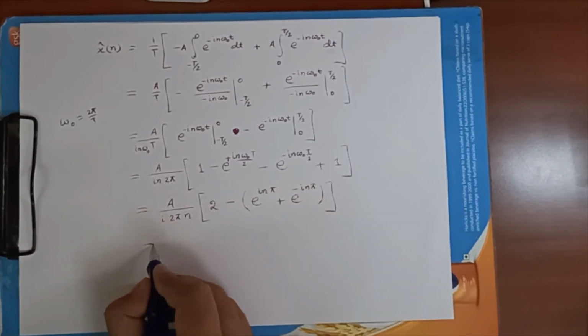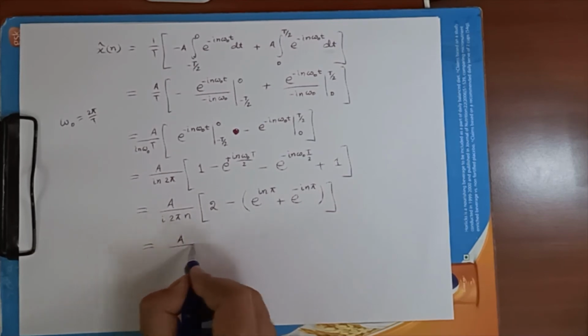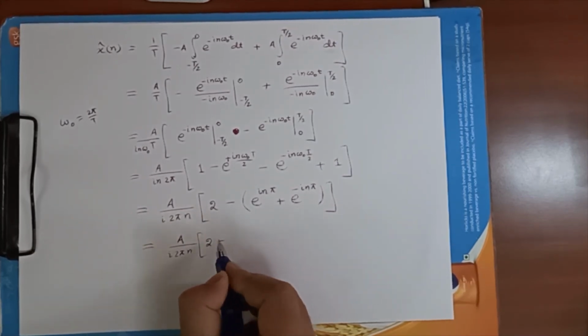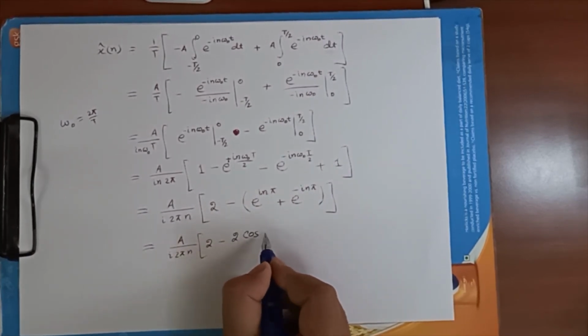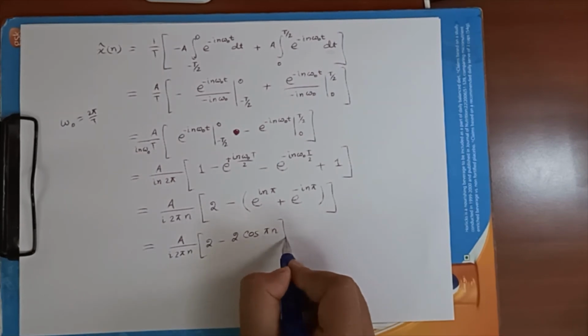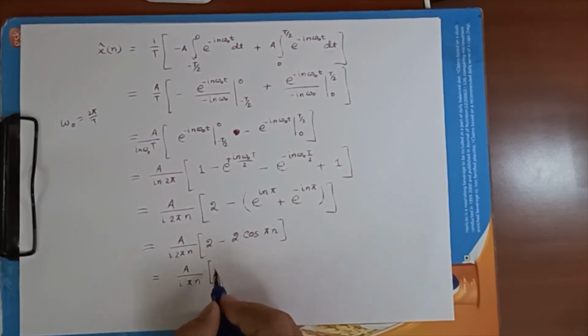See? So finally these two, and what is this? Let us write another line. Minus, this is 2 cosine pi n. So these two cancel out. I'll get a by i pi n, this is 1 minus cos n pi.